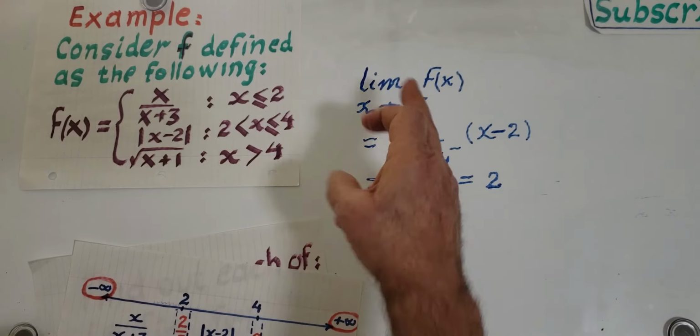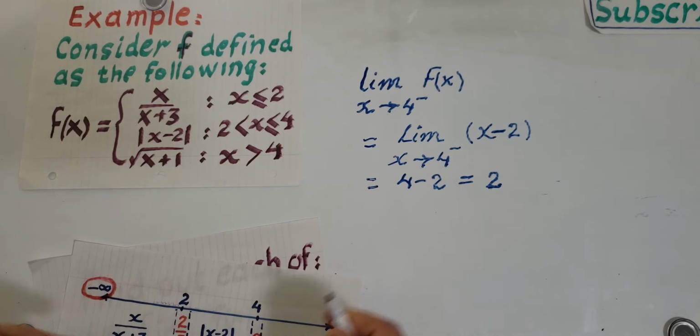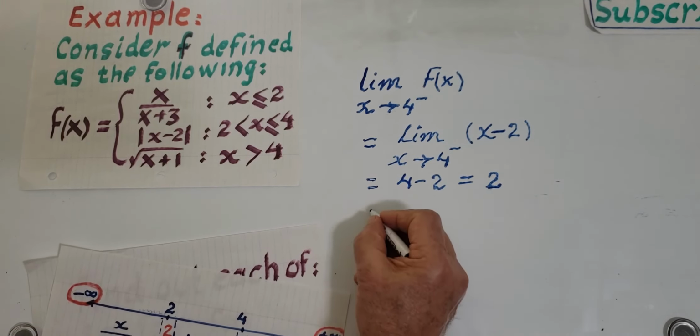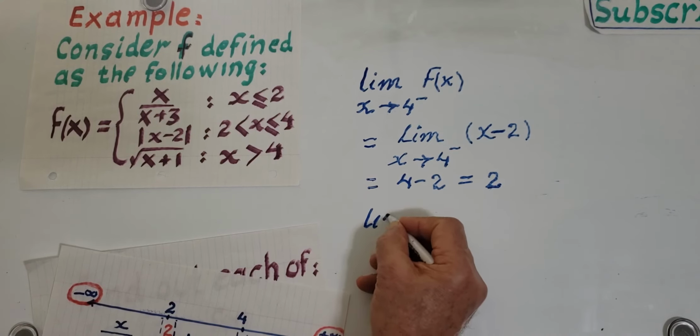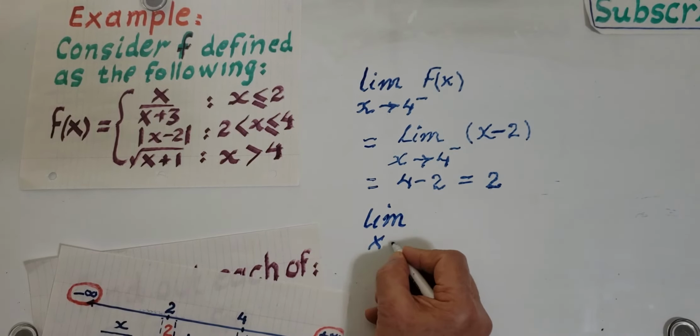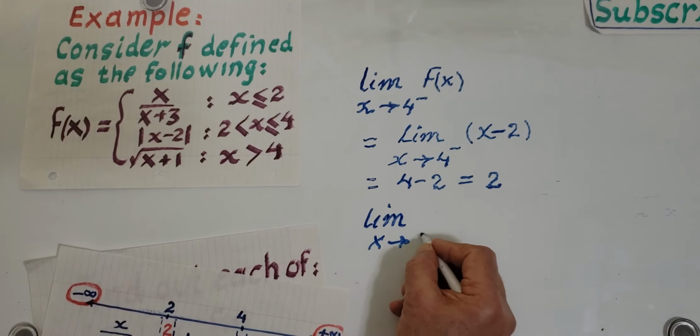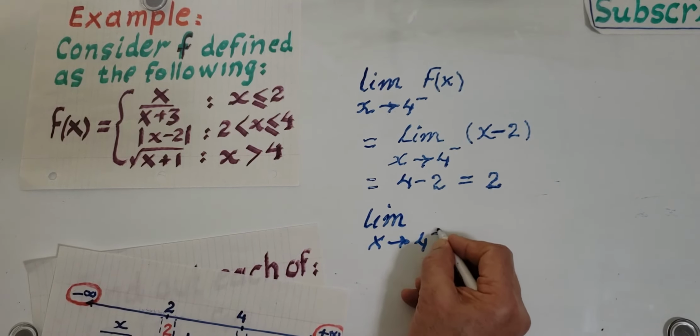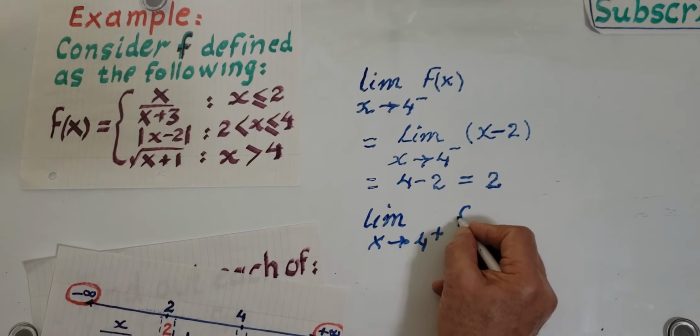Okay, now we will find the limit in case x approaches 4 from right, for f of x.